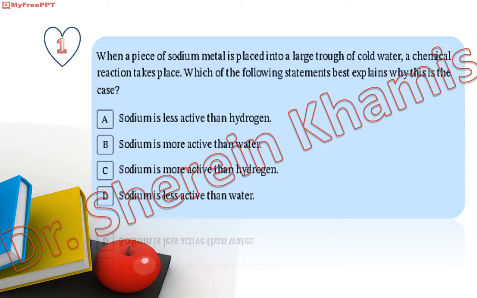We have sodium, and we know that sodium is a more active metal, or the most active that we can deal with. So we have here elements or metals that are more active than hydrogen. In the chemical activity series, we arrange metals in descending order according to their chemical activity.